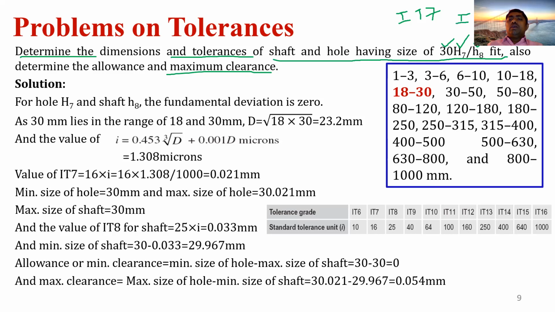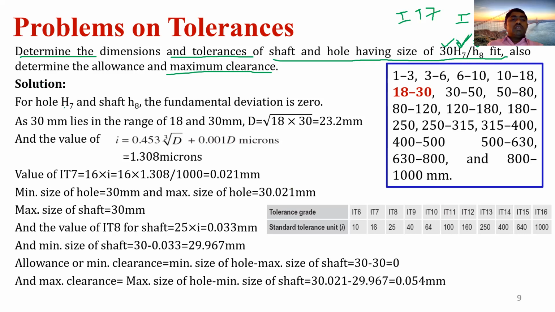So the numbers 7 and 8 represent the tolerance grades, capital H represents the hole, and small h represents the shaft.